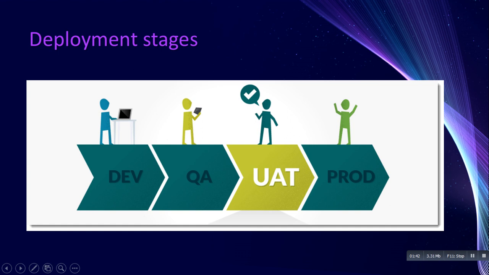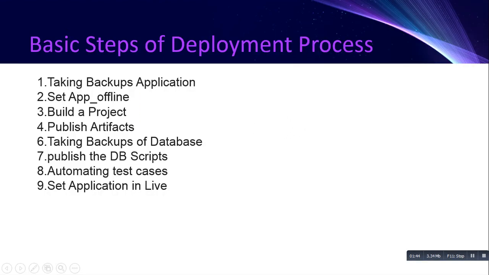So suppose you are going to deploy any application in production, you have to take the backups of the existing system, and you can set the currently running production application to offline mode.